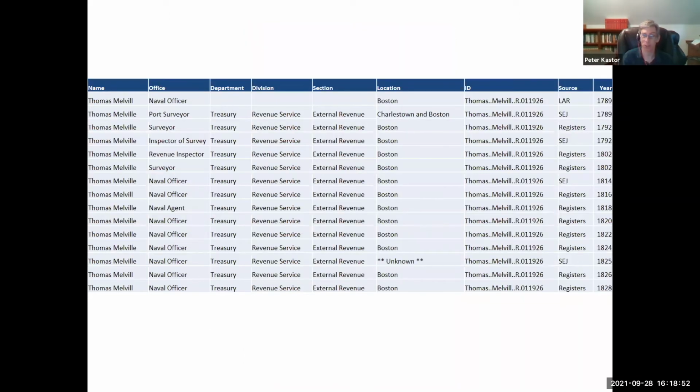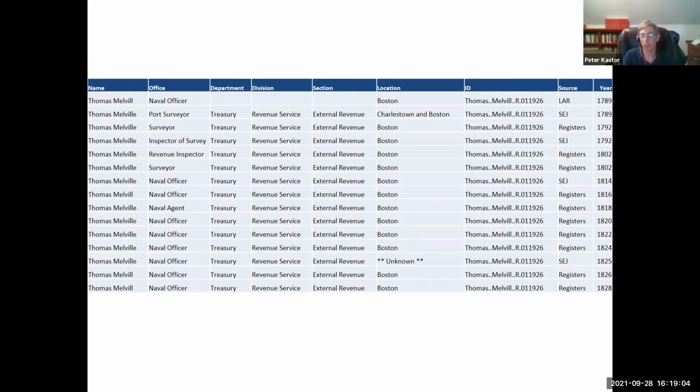So what you get are a group of people whose ancestry is predominantly English and Scots-Irish, and as a result, their names are very similar. And then you got to figure out which John Smith is the same as this other John Smith. Thomas Melville is a good example. Here you can see this is what we get as a record for him. So his name is spelled in two different ways, sometimes with an E, sometimes without.